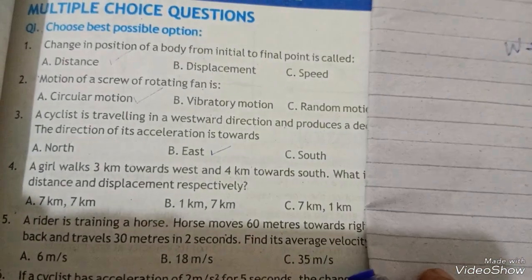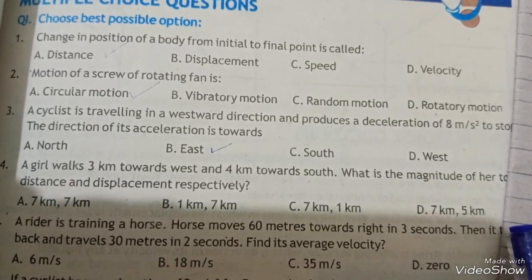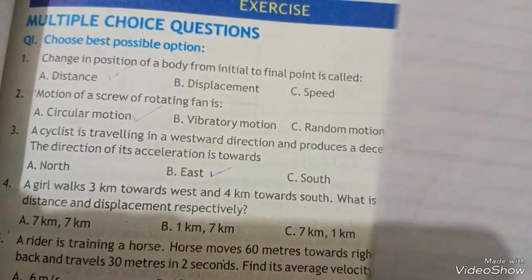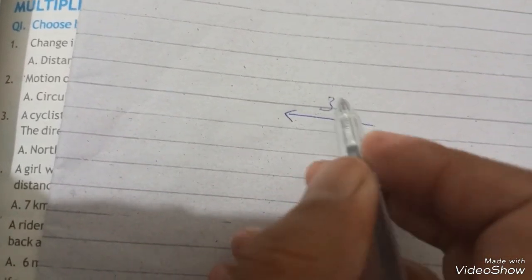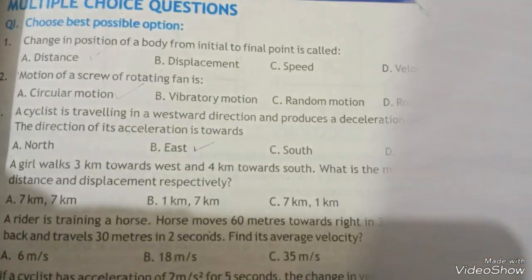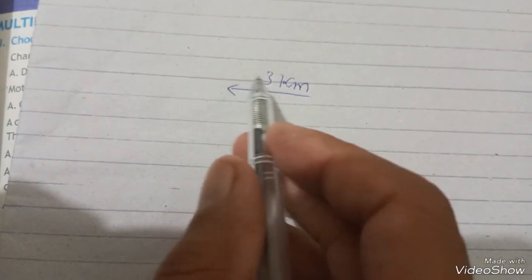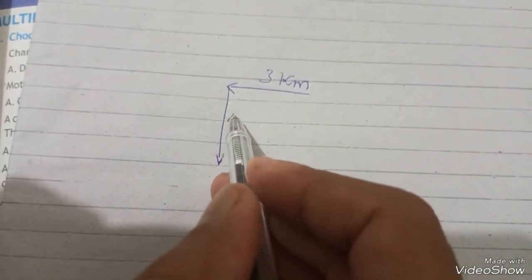She has traveled 3 kilometers towards west, here is the 3 kilometer, and then 4 kilometers towards south, so this is the 4 kilometer.